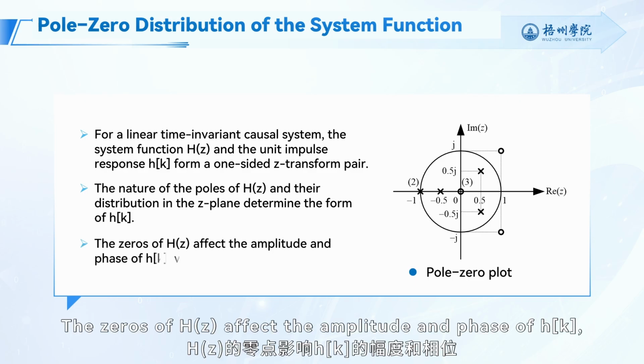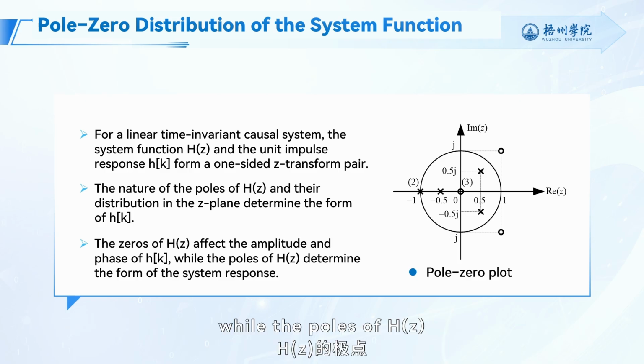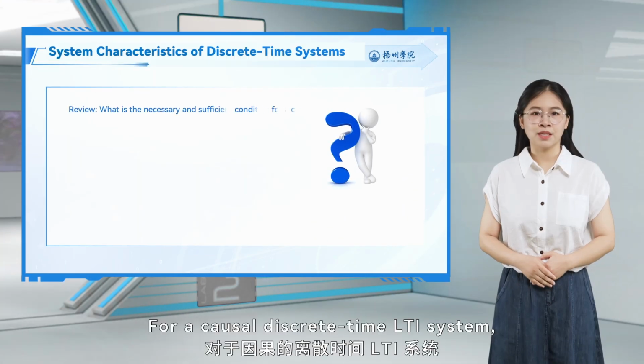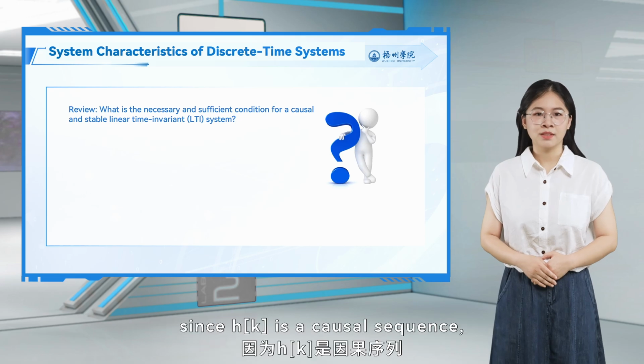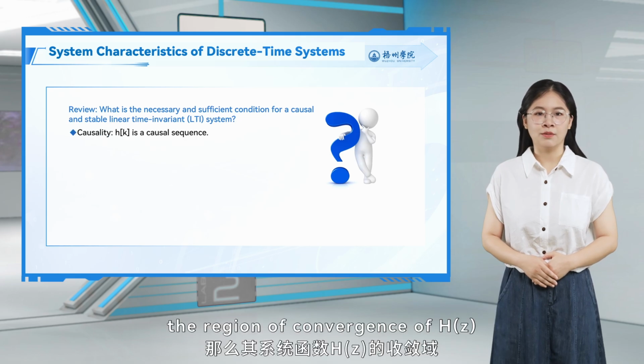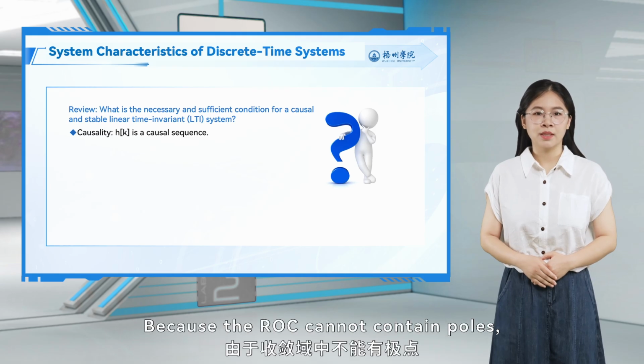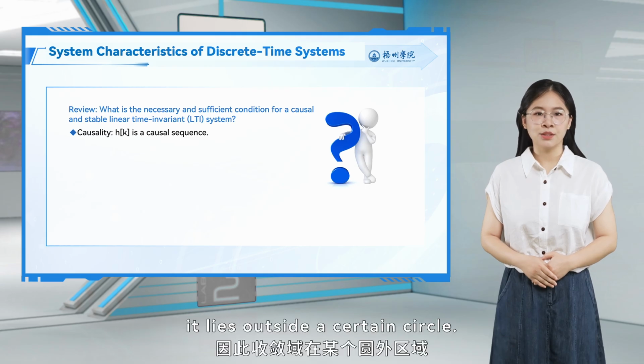The zeros of H(z) affect the amplitude and phase of h(k), while the poles of H(z) determine the form of the system response. For a causal discrete time LTI system, since h(k) is a causal sequence, the region of convergence of H(z) must include the point at infinity. Because the ROC cannot contain poles, it lies outside a certain circle.